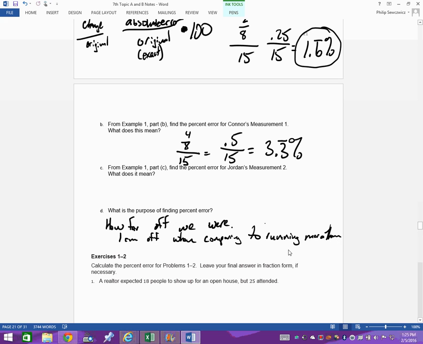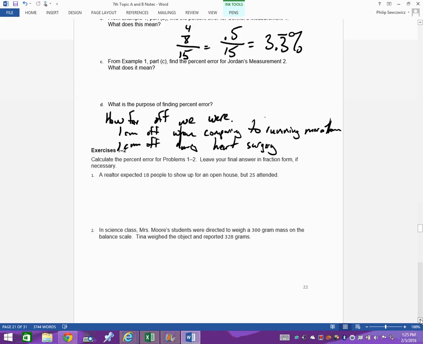And if you're off by 1 centimeter in that measurement, not that big of a deal. Now, what about 1 centimeter off during heart surgery? Well, now we're talking about something totally different, because a centimeter compared to working with the heart is again going to have a much bigger difference regarding heart surgery. So that's why percent error is so important.